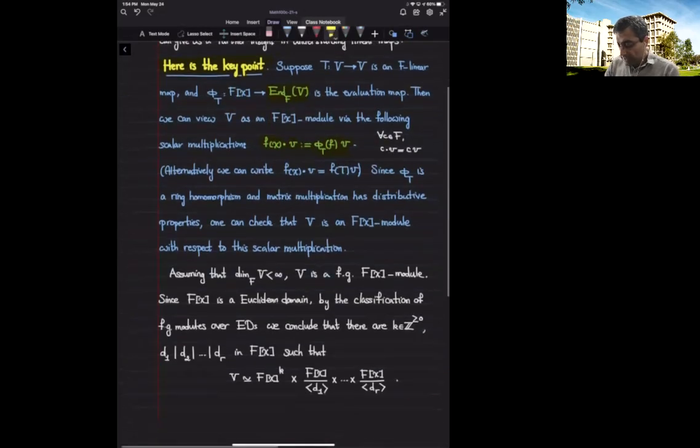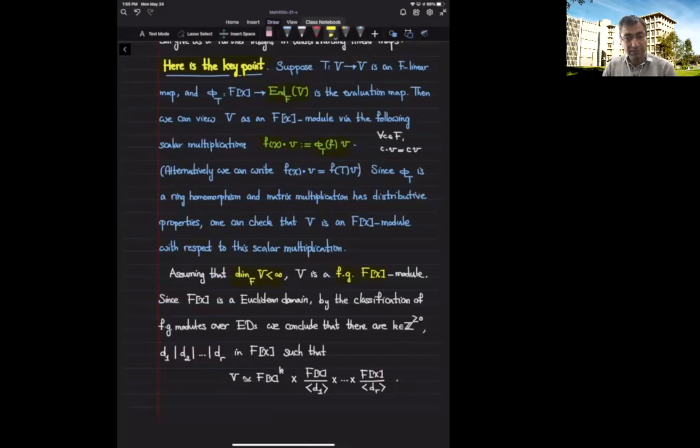So altogether, we have used this linear transformation T to view this finite dimensional vector space as a finitely generated F[X] module. Now, F[X] is a Euclidean domain. This we have proved long ago using long division. V is a finitely generated module over this Euclidean domain, so I can use the classification of finitely generated modules over Euclidean domains.